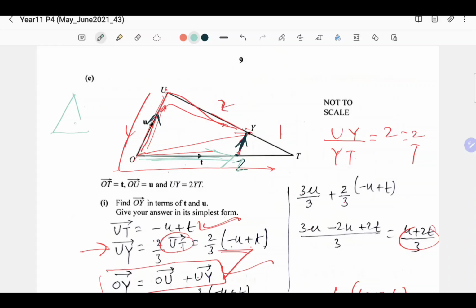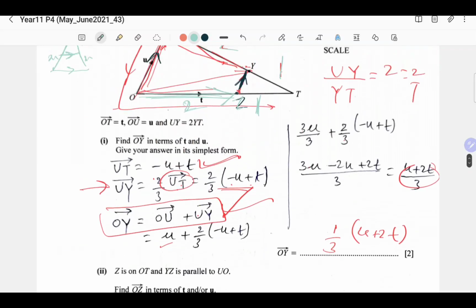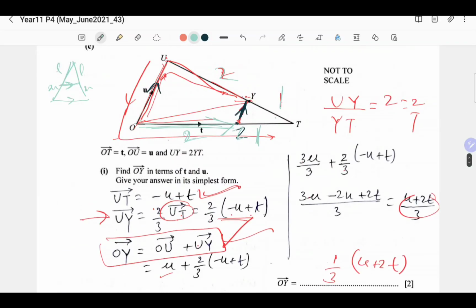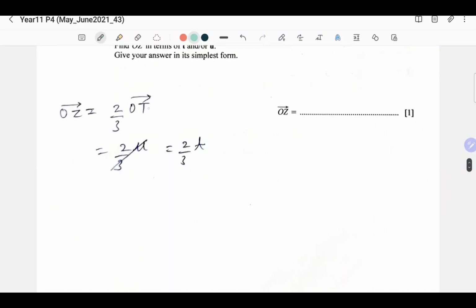You know, in a triangle, if these two lines are parallel, and the parallel line divides one side in the ratio L to M, then this side will also be divided in the ratio L to M. So this is 2 to 1, it will also be 2 to 1. Now we have to find the OZ vector. So OZ will be 2/3 of OT. Yes or no? OT is T, so OZ is 2/3 T.